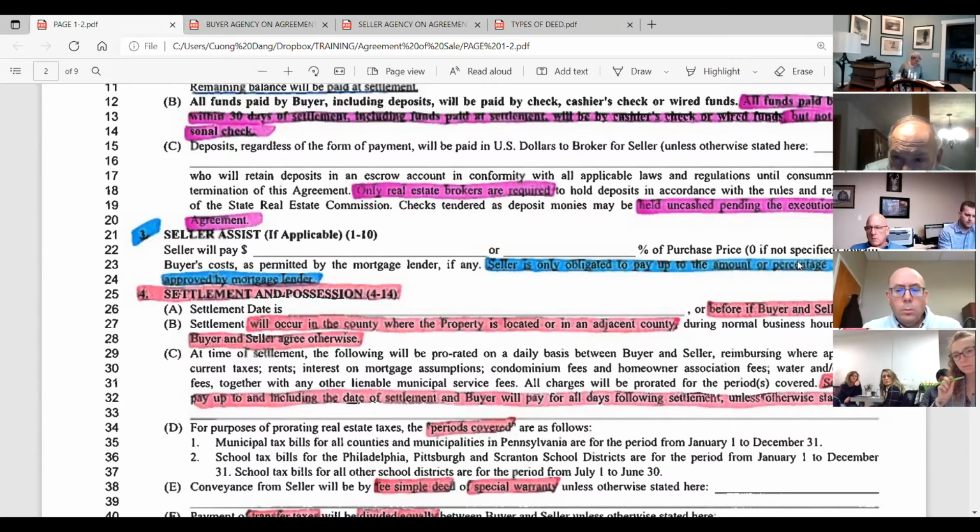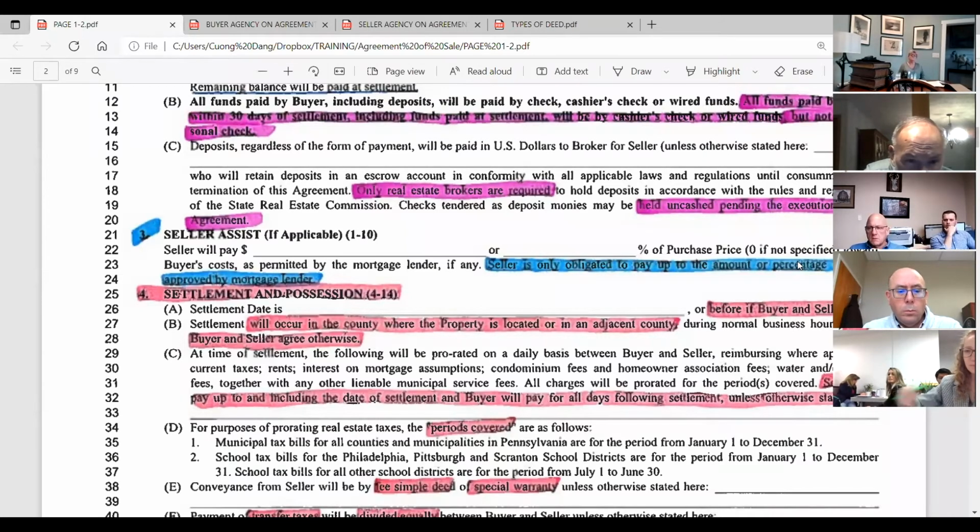It just depends. I always like to put in a real number. You can always change it later on with a change in terms form. But I always like to fill in an exact number as well as the percent, just to be sure that there's no argument about it.